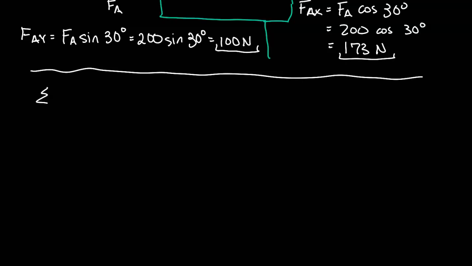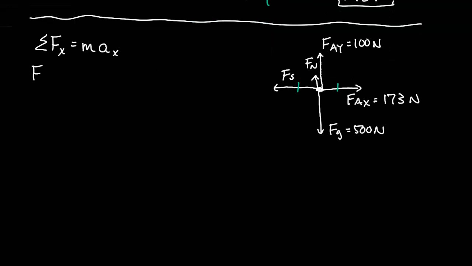I'm going to start with Newton's second law. The net force in the x direction equals ma in the x direction. What forces are acting in the x direction? We have Fax minus Fs equals, and since this object is not moving, the a is 0, so everything on the right side is going to be 0.